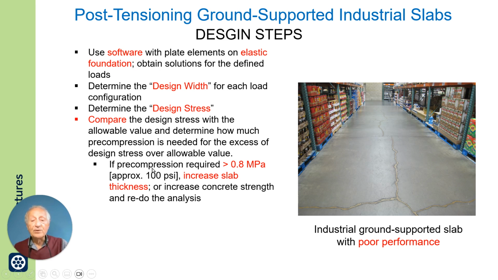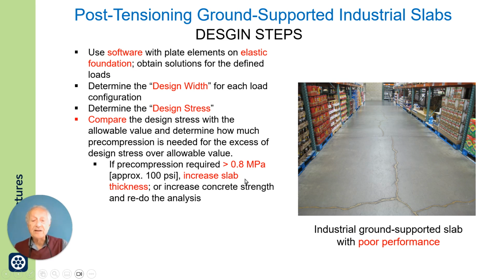If in your first estimate the pre-compression needed for the factor of safety you assume ends up to be more than 0.8 megapascal, more than 100 psi, then you have to increase the slab thickness for economy.